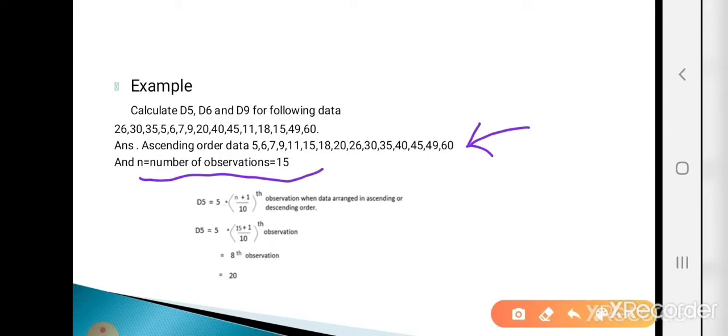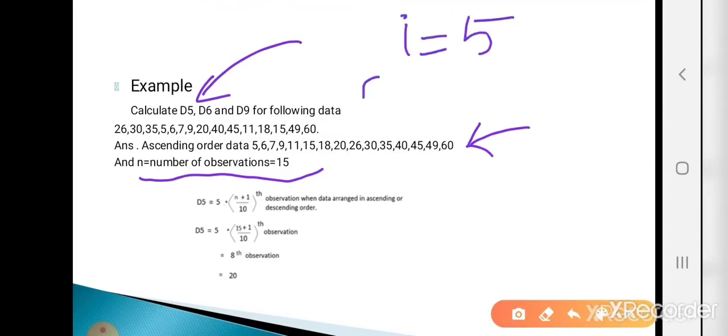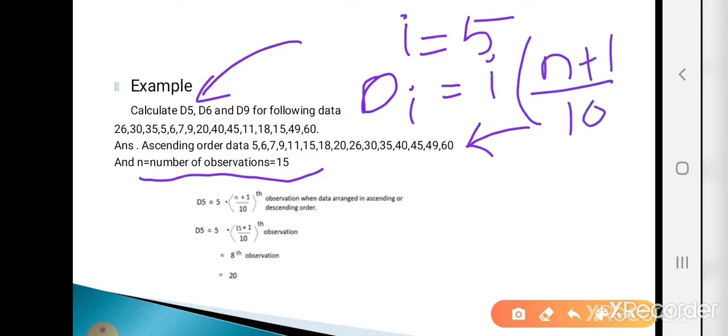Now for finding D5, first put i equal to 5 in the formula. What is the formula for finding the deciles value? Di is equal to i times (n plus 1) divided by 10th observation when data is arranged in ascending or descending order.